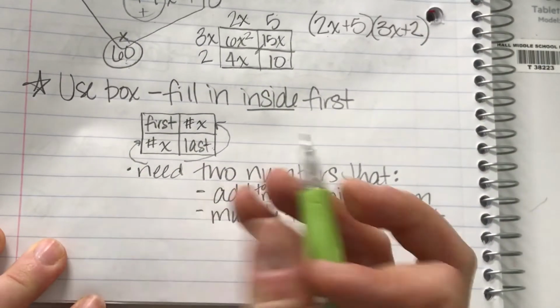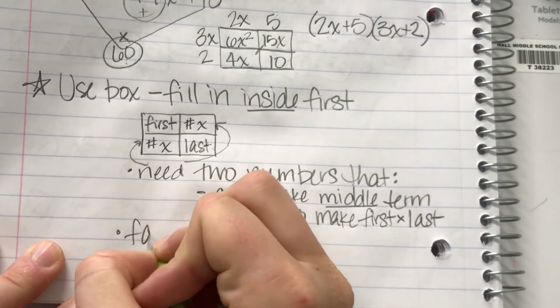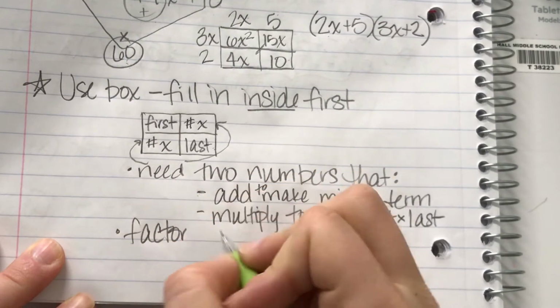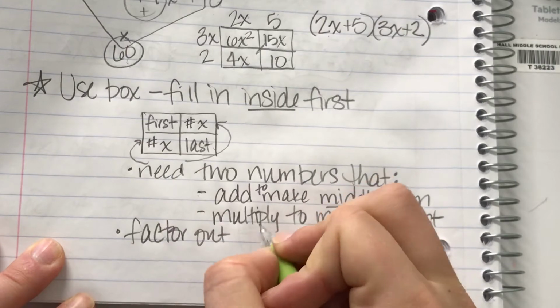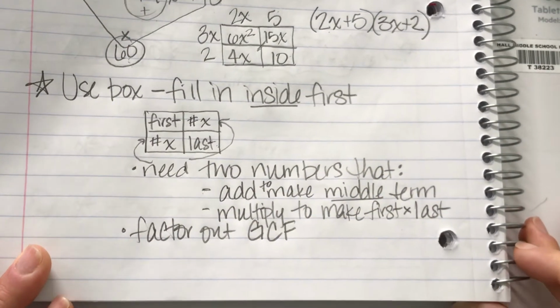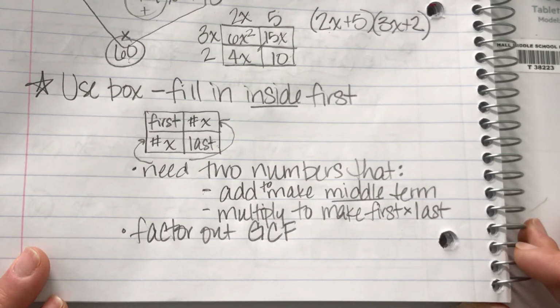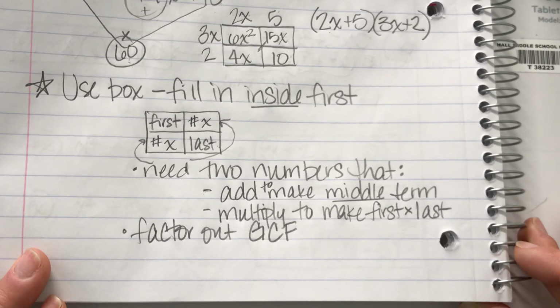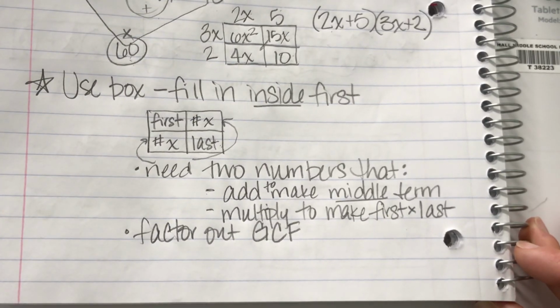And then after you've filled in all your box, then we're going to factor out the GCF. We're going to do a lot of examples to practice this, so don't panic if you're really iffy on it. But I'm going to make another video for examples.